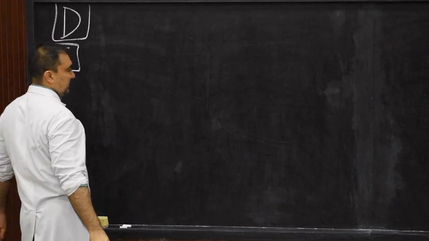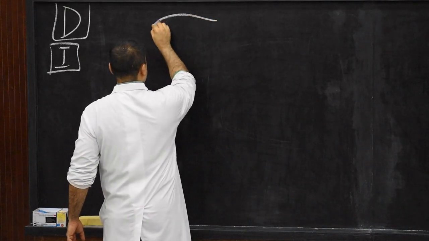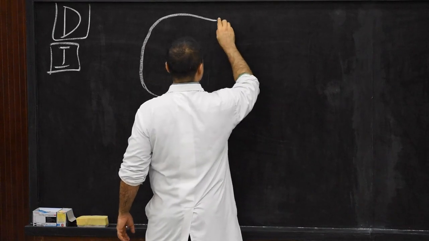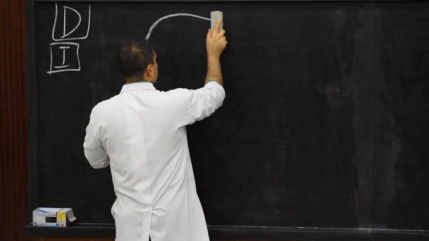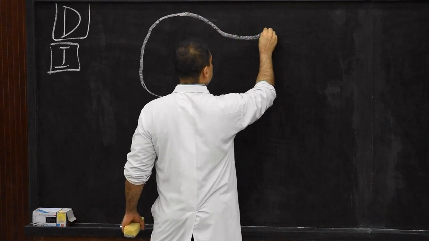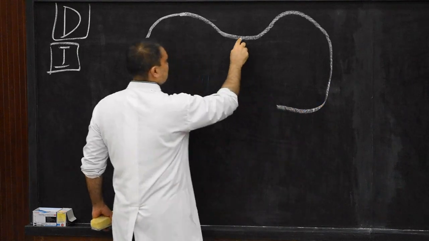Now, in the introduction, our first diagram will be the two telencephalic vesicles which we are drawing, and in the median plane, this will be the lamina terminalis.